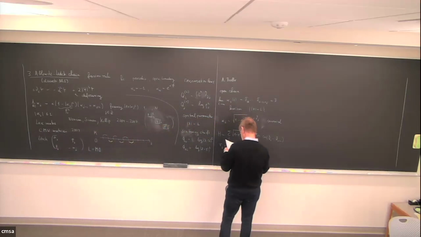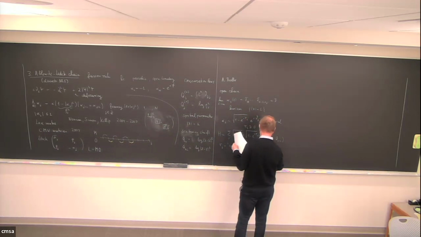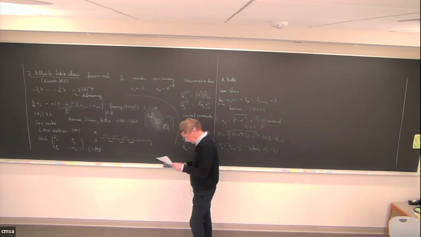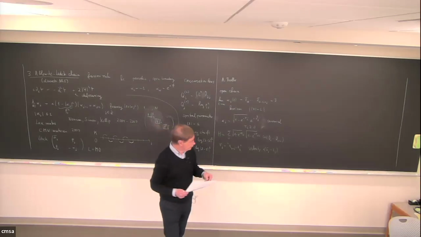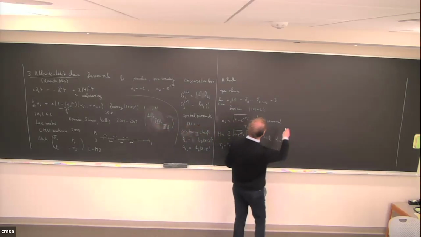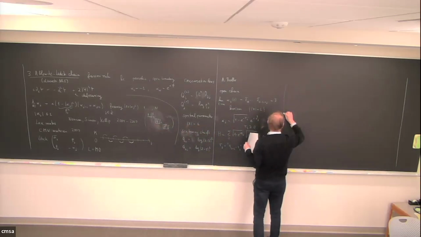If I take the quasi-particle with spectral parameter c on the unit circle, then the velocity is simply a sine. All right, fine. So at the moment, nothing terribly new actually appears.